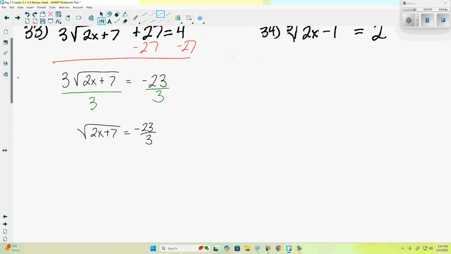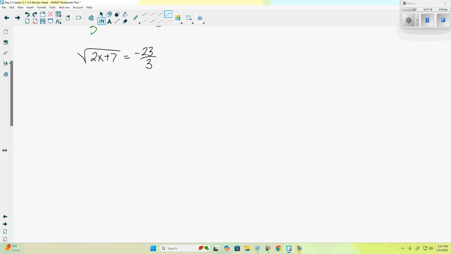Now is the radical by itself? Okay, so what can we do next? Because we've got the radical by itself, now we can put both sides to the nth power. And the nth power in our case is 2.